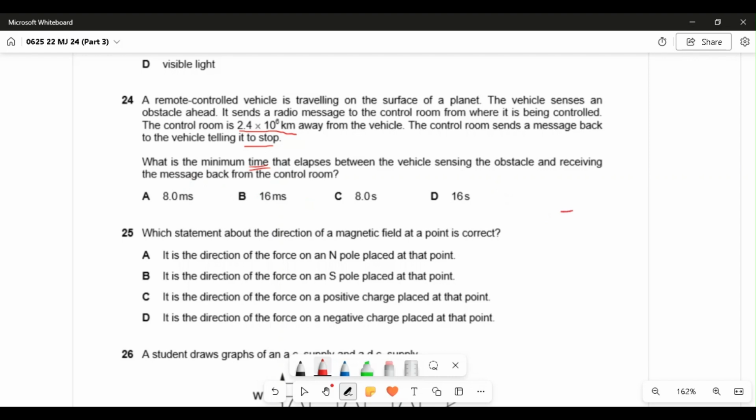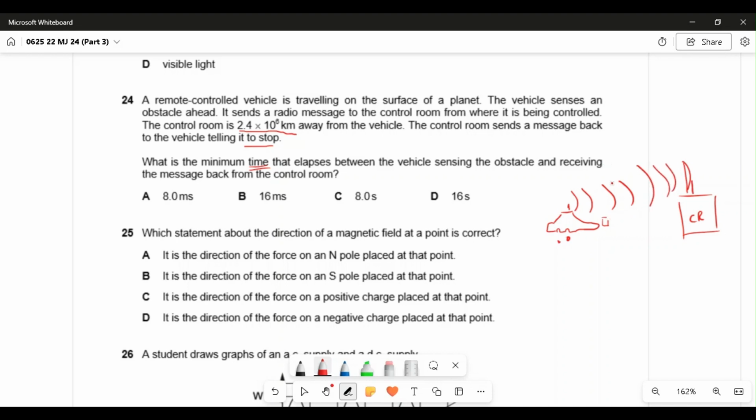So let's say this is the remote control vehicle, and this is the obstacle, and this is the signal sent to the control room. So this is, you can say, the control room antenna.